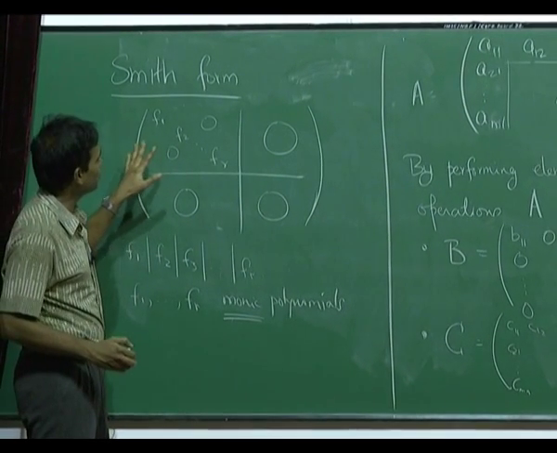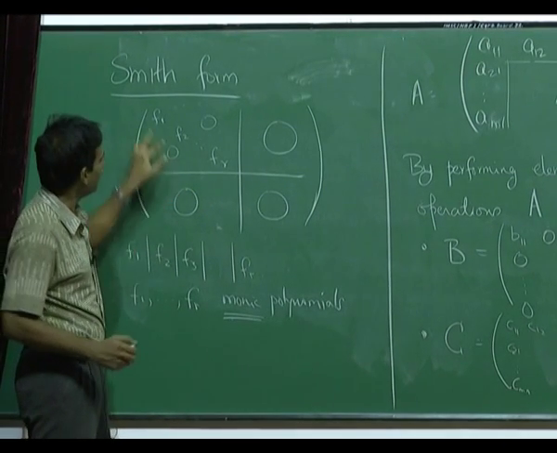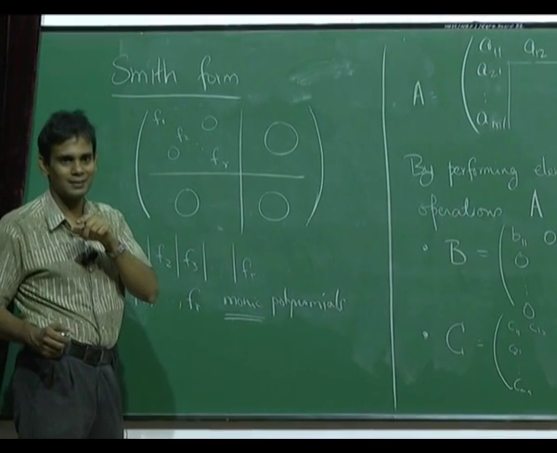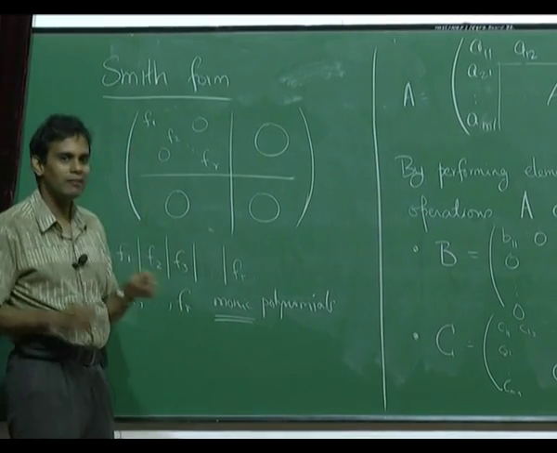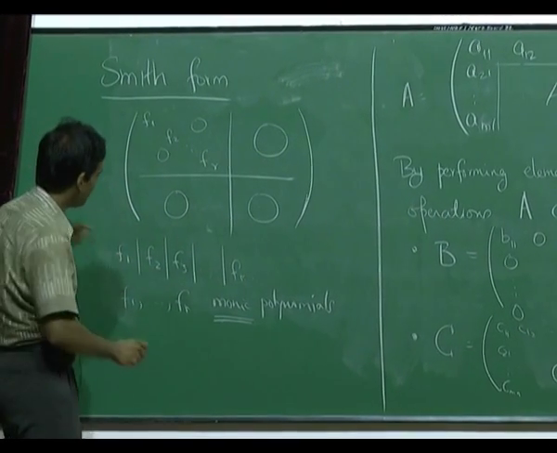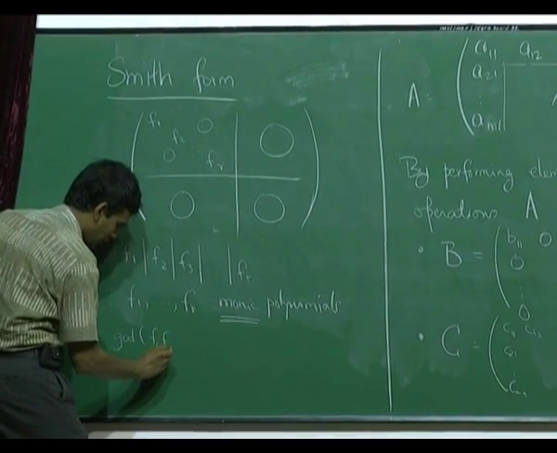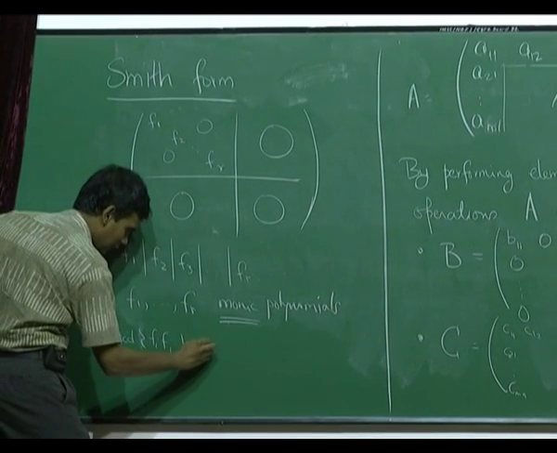What are the minors? Most of them are 0. Otherwise, you have to take two of these guys and multiply them, but two distinct ones, right? So, you have to take Fi, Fj where i is not equal to j. So, it is the GCD of Fi Fj where i is, let us say, less than j.